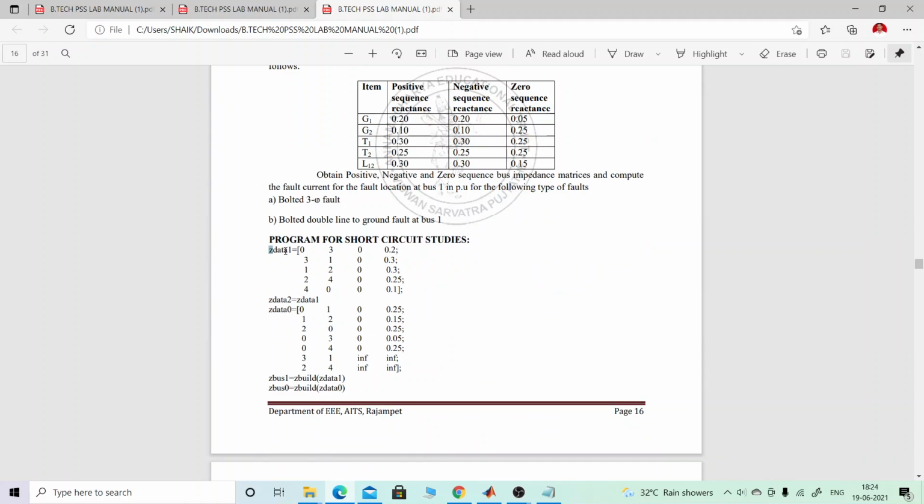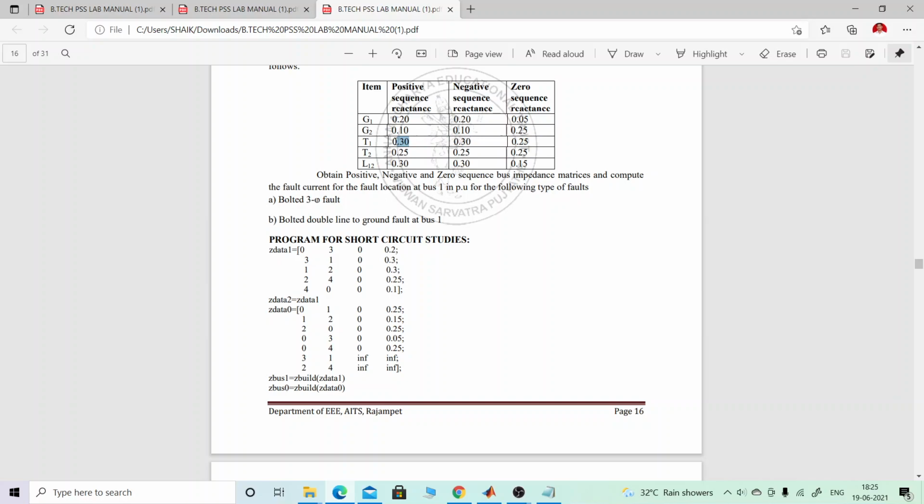Zdata1 is defined with the format: sending end, receiving end, resistance and reactance. So 0 to 3, 0 to 3, 0, 0.20; 3 to 1 is connected through G1 and T1, with 0, 0.3, regarding transformer 1.